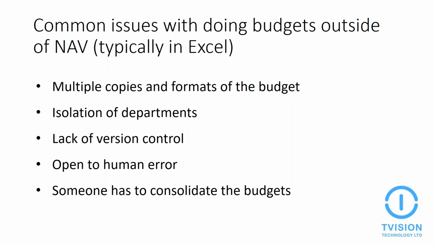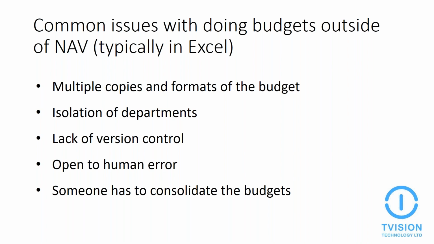So, my question to you first of all is, do you do your budgets outside of NAV? If so, how long does it take you to prepare them? If the answer is too long, then perhaps it's because of one or more of these common issues, which is multiple copies and formats of the budgets. Maybe there's an isolation of the departments, and so they're preparing their own versions. And there's a lack of version control, so you don't know which one is last year's versus this year's, or which version of the current year it is.